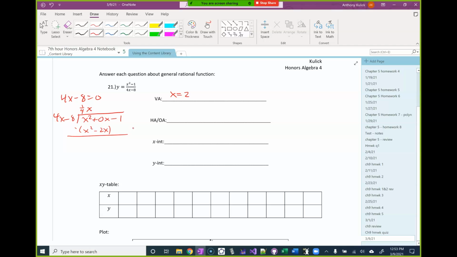And again, repeat. So what times 4x gives me 2x? Well, that would be a half. And I distribute things through. That's going to give me 2x minus 4. I subtract down, and that gives me a remainder of 3.